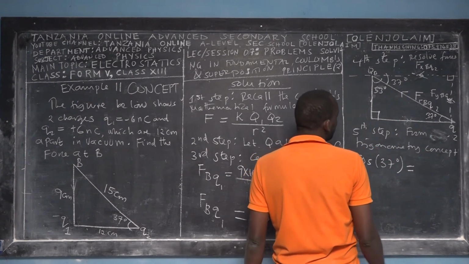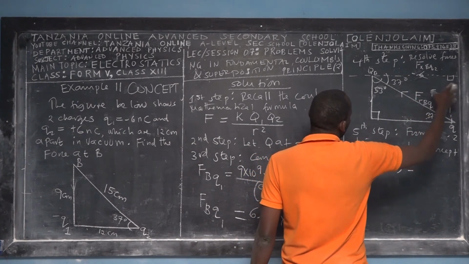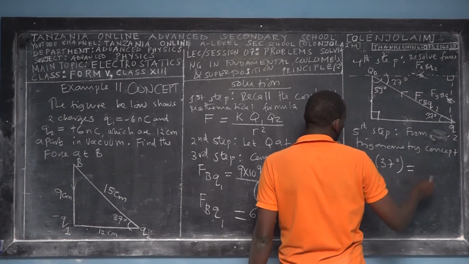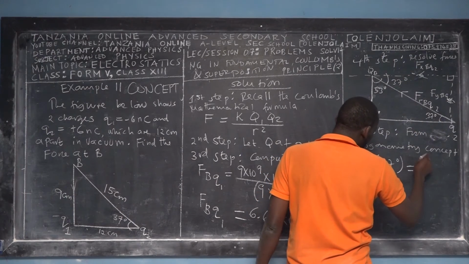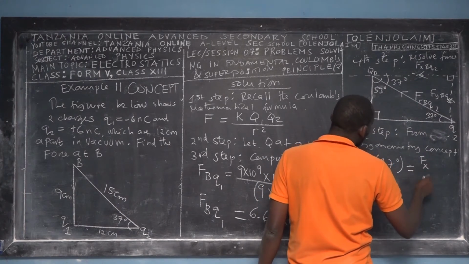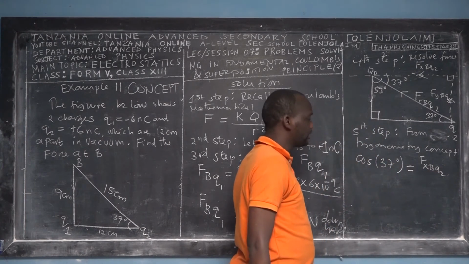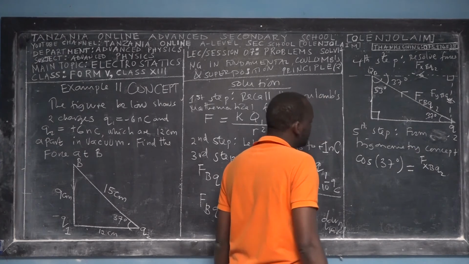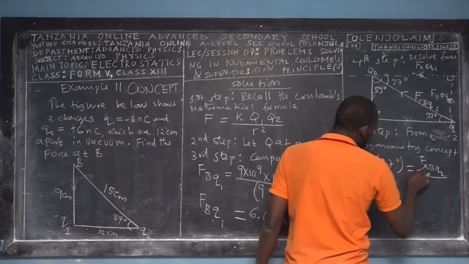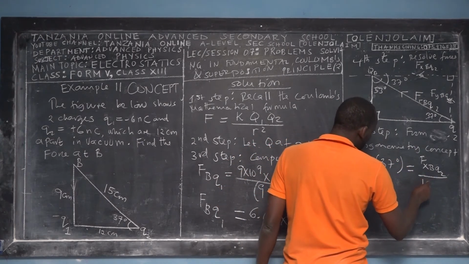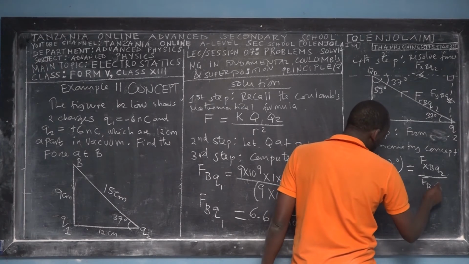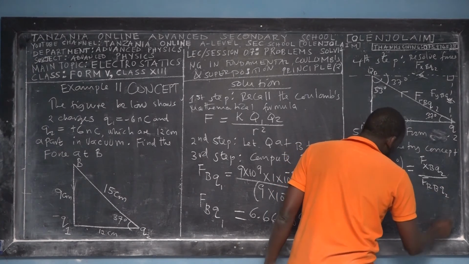So cosine is adjacent over hypotenuse. So this will be the horizontal component of the force of repulsion between QB and Q2, divided by the resultant force between B and Q2.